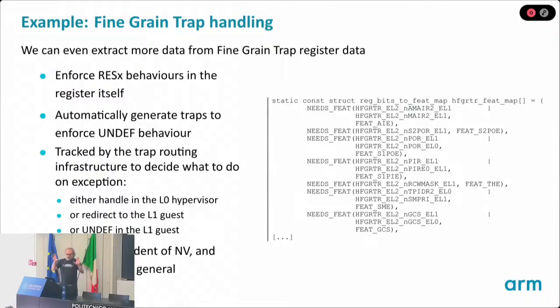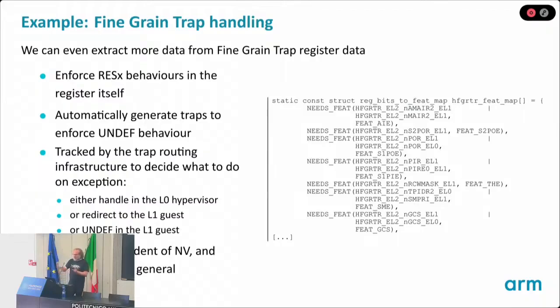And that allows us to build an infrastructure that tracks, for any given system register, for any given trap that affects it, whether that register should be either handled in the L0 hypervisor, or redirected to the L1 guest, or alternatively injected as an undef in the L1 guest.